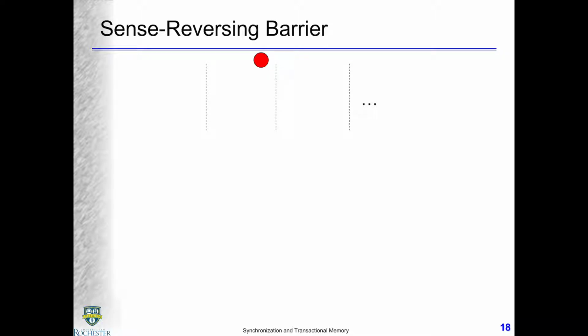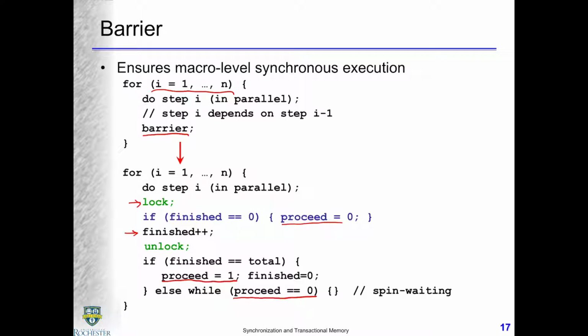The solution to the problem is called the sense reversing barrier, but really the problem is this: proceed is set to 1 over here by the last thread to arrive. But it's set to 0 by the first thread to arrive at the next barrier. And just by looking at the code, there is no reason to believe that this is going to take a long time.